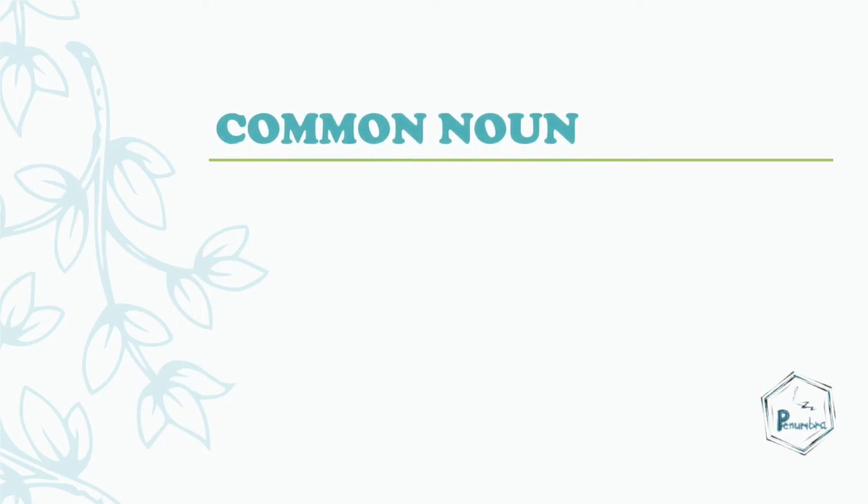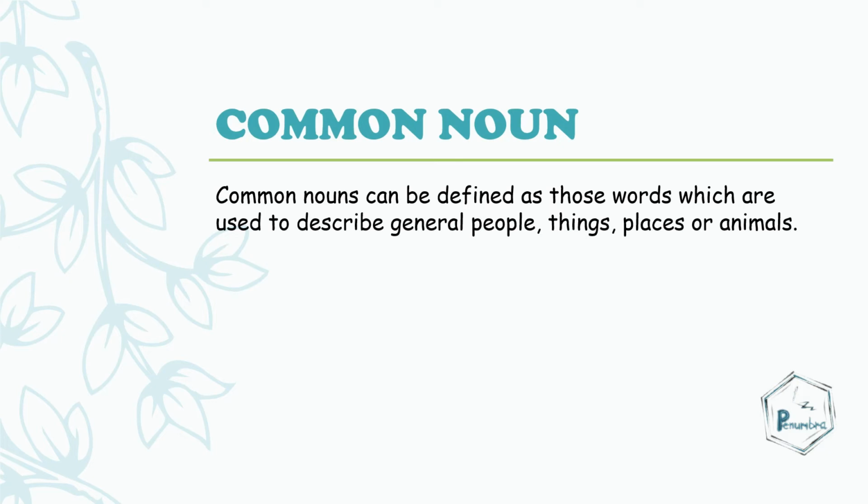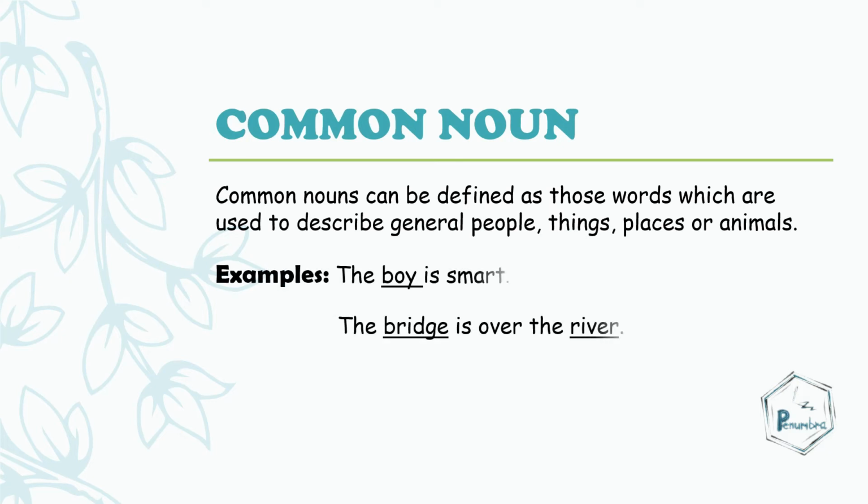Let's begin with the definition of common nouns. Common nouns are words that are used to describe general people, places, things, animals, objects, anything. Well, the definition is right on your screen. We will go through the examples. The boy is smart.